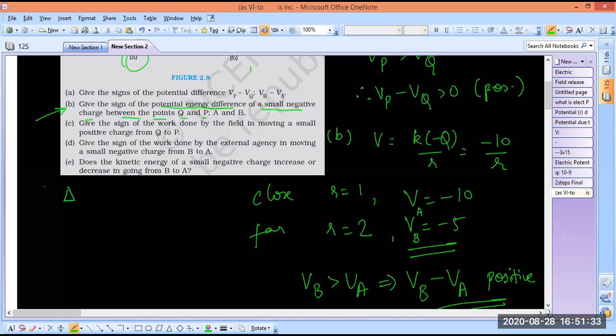So what do you have to find? I want to know what is your opinion. Do we have to find UQ minus UP or UP minus UQ? Answer that in the chat box. Come on, hurry up. Which one?